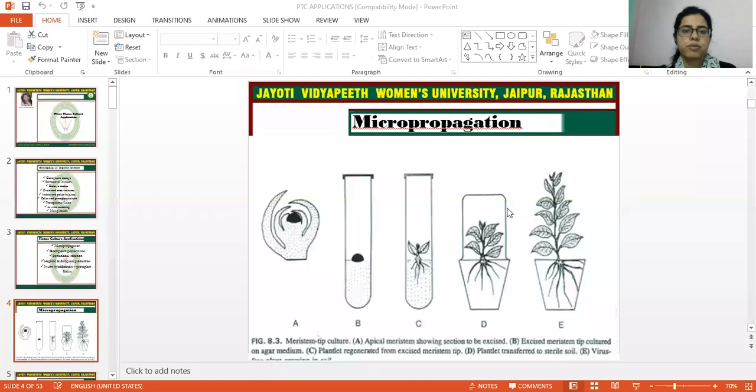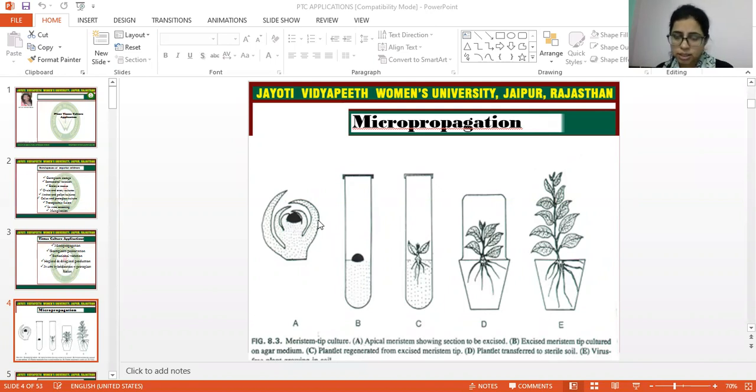So you can understand the micropropagation method by this diagrammatic representation. Here I am sharing the screen, where you select the plant, and especially the apical meristem. What is the reason behind selecting the apical meristem? Because apical meristem cells have a tendency for very fast cell division, and the rate of cell division is so high that the virus cannot keep up with their rapid division.